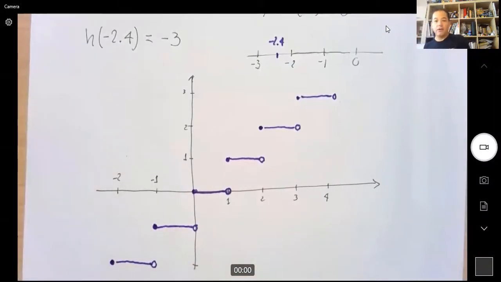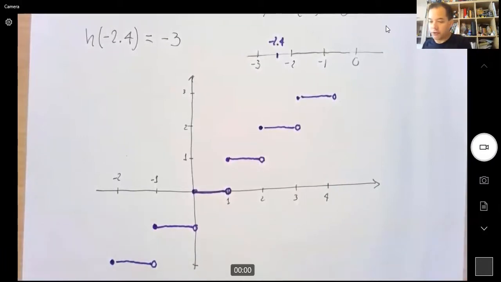Okay, good. So now what we want to show are the continuity properties of this function. Specifically, we want to show that it is not continuous when we find an integer, and that it is continuous for all the other numbers. All right, so let's do that.